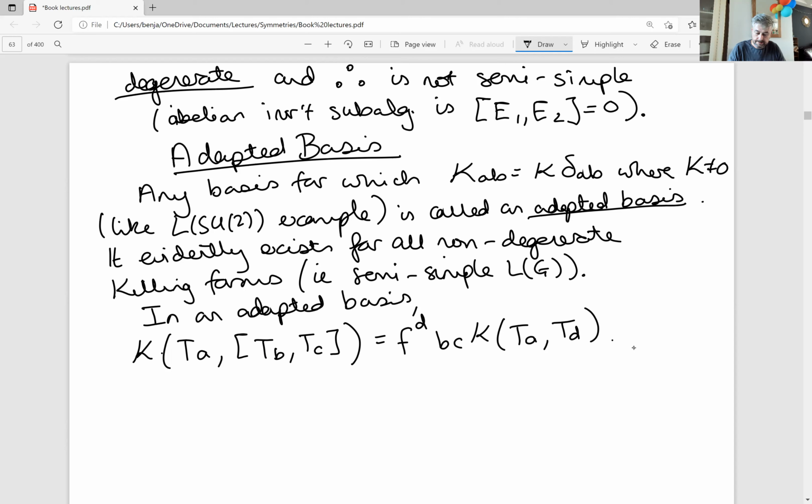Because we're in an adapted basis, this is equal to kappa F^D_BC times delta_AD, which of course is kappa F_ABC.